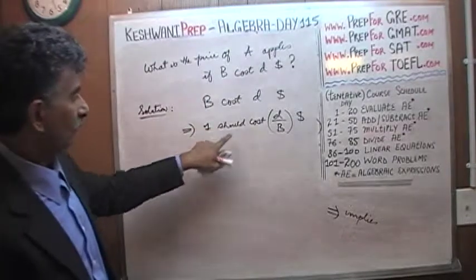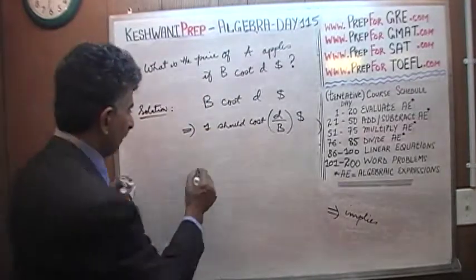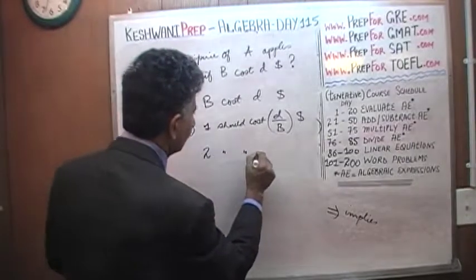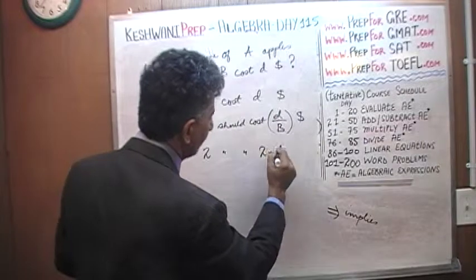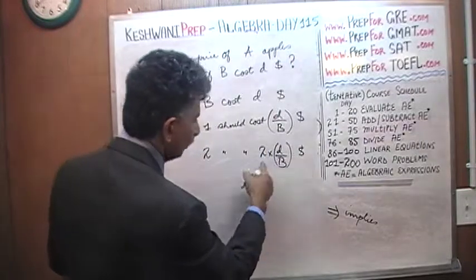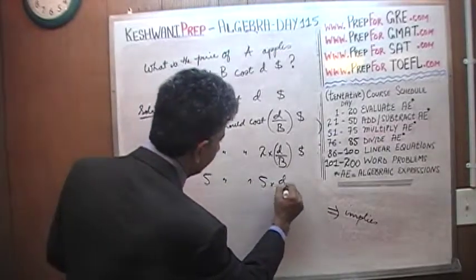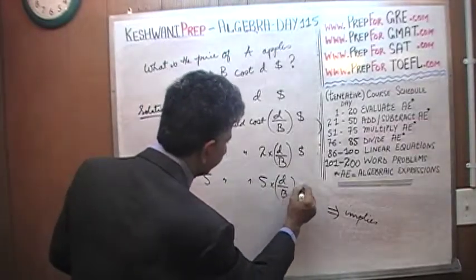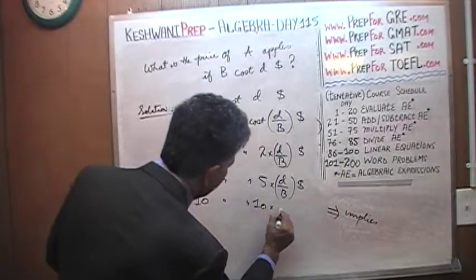Well, if 1 costs D over B dollars, then 2 should cost twice this amount. This implies that 2 should cost 2 times this amount. Whatever this amount is, D over B is the dollar amount. 2 times this amount. And 5 should cost 5 times this amount. And 10 should cost 10 times this amount.